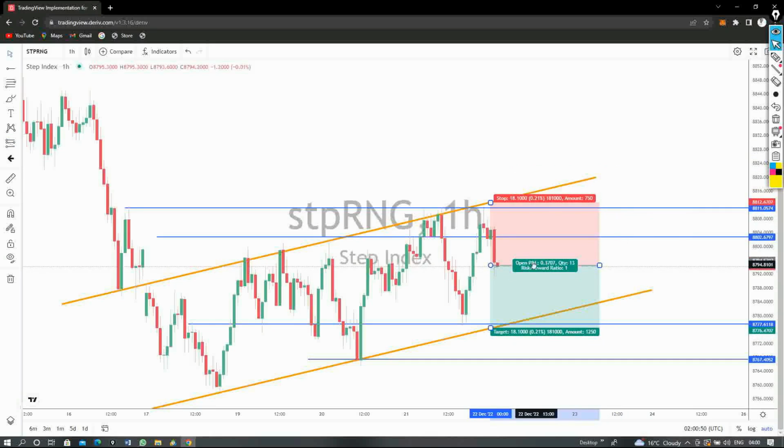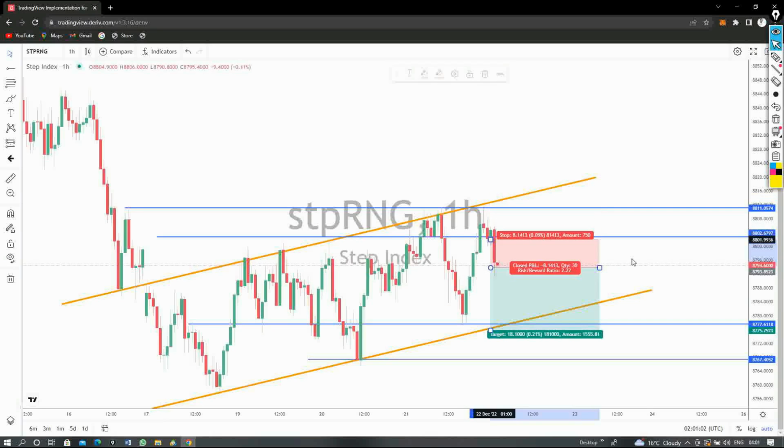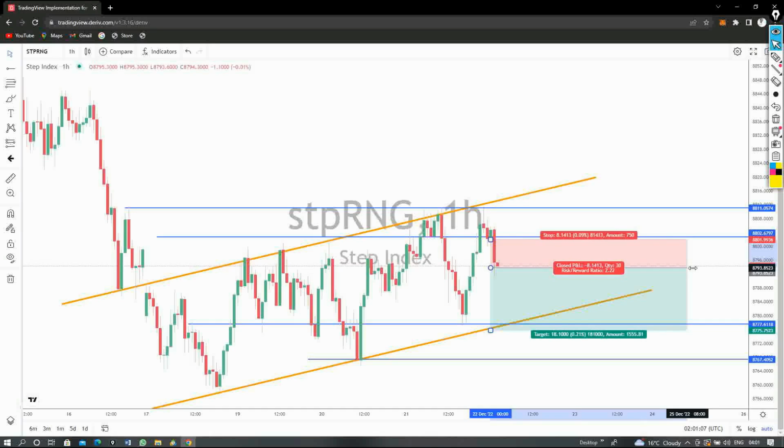Like I said to you guys, I'm going to look at my support and my resistance. That's where I'm going to enter, because this is where we are. Remember, this is a zone.